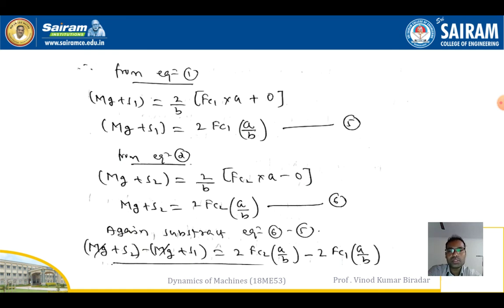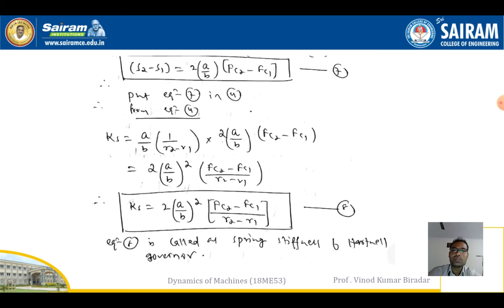Again we subtract equation number 6 minus 5. The mg terms get cancelled, so the remaining is s2 minus s1 equal to 2 fc2 a by b minus 2 fc1 a by b. So we get s2 minus s1 is equal to 2a by b (fc2 minus fc1). This is the simplified equation for the total lift, equation number 7. Now put equation number 7 in equation number 4.